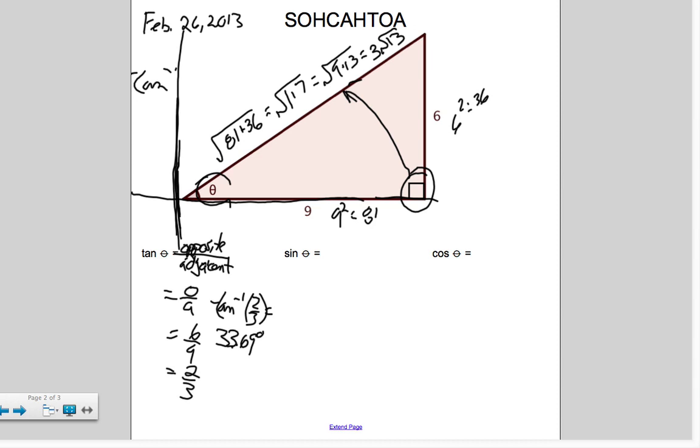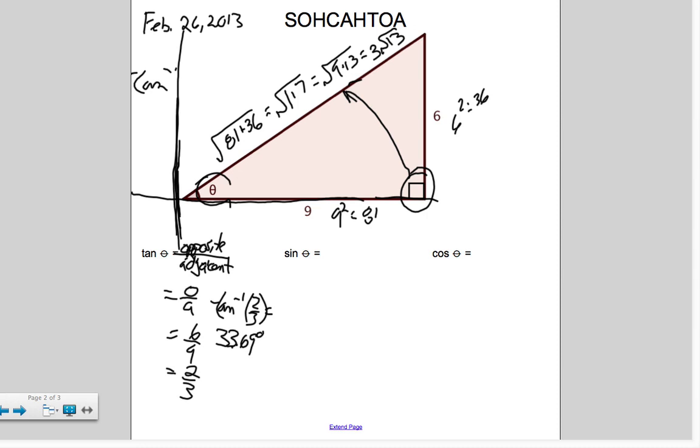Depending on your calculator, you'll do tan inverse first and then your number, or your number and then tan inverse. This is why you need to do your homework, so you can figure out how your calculator works and get the right answer. Every calculator can be different, and I can't go around to everyone saying this is how you use your calculator. You need to experiment on your own.